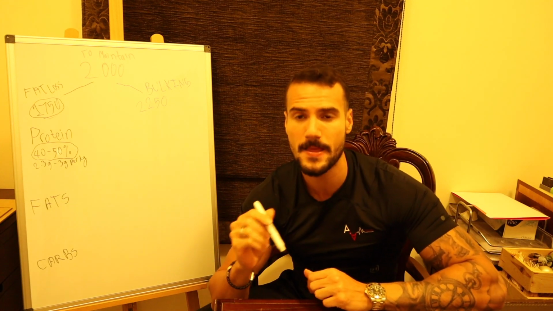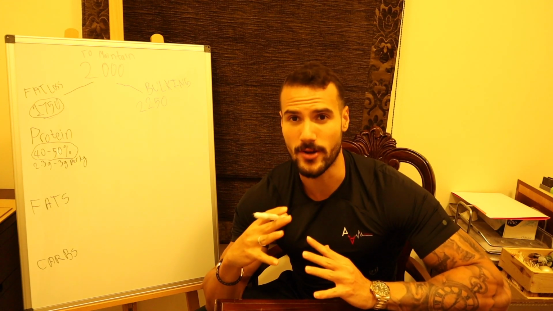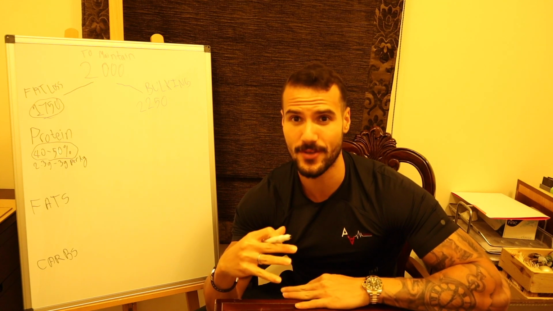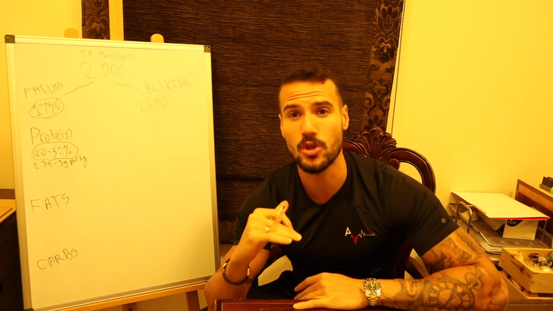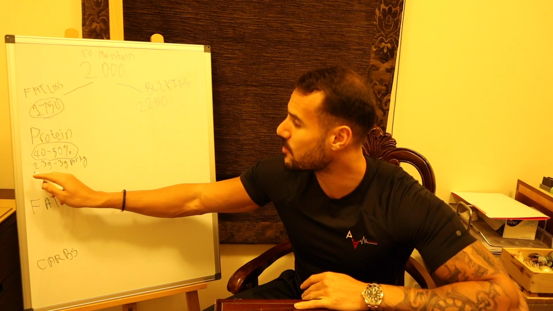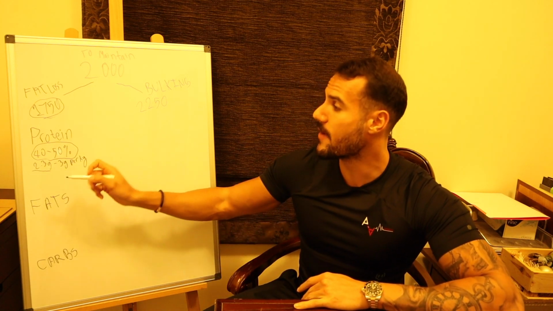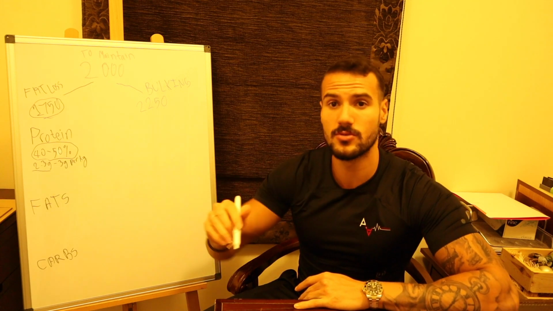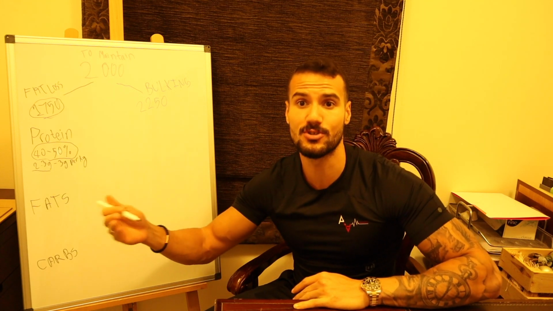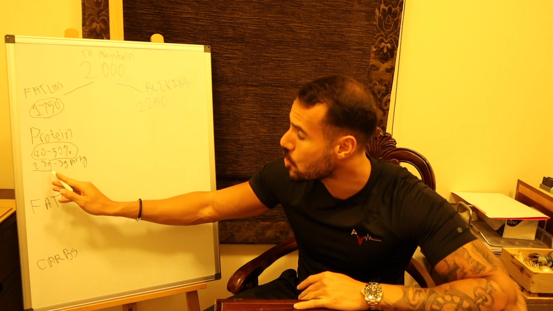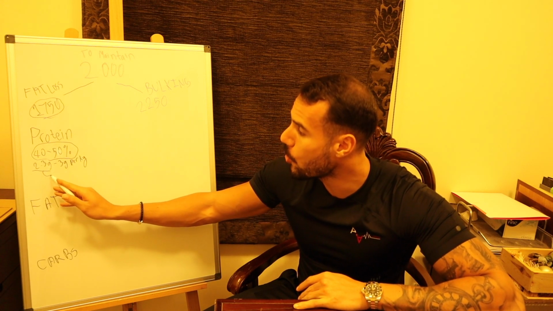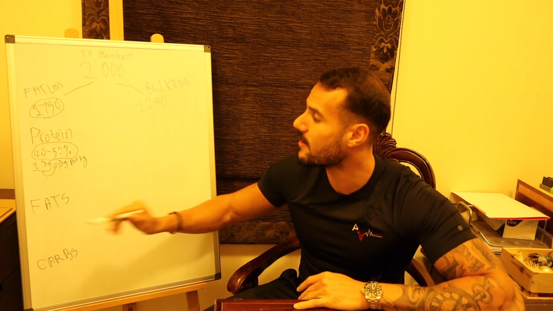So here's the thing. If you start your fat loss program with a lot of body fat, start with 2.3 to minimize the calories. As you progress and you're getting leaner, you start slowly going to that 3 grams.